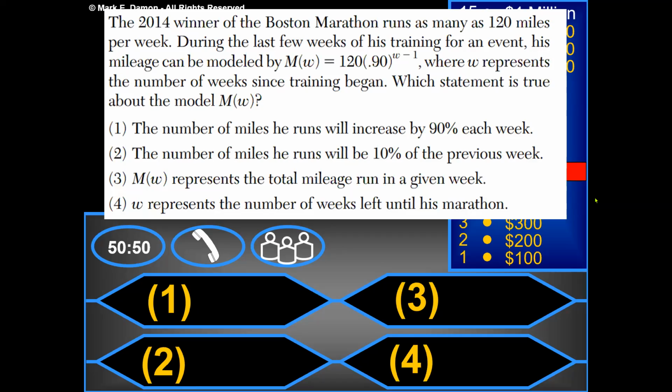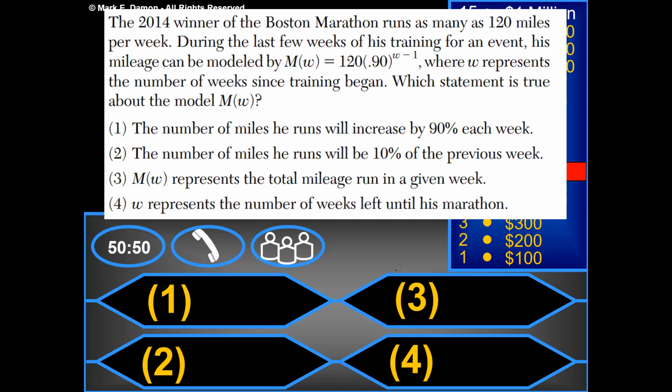So one thing, I'll wait about 10 more seconds and then start giving you some hints. All right, here's your first hint.